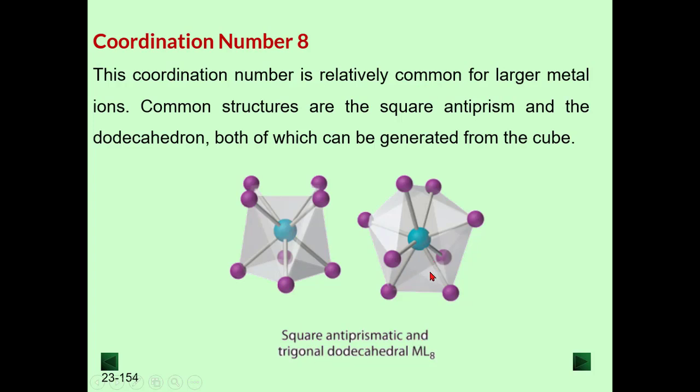And below, if you see here, all sides have trigons, trigon, trigon, trigon. That is why it is called trigonal dodecahedral. Dodecahedral means they have 12 faces. If you count these faces 1, 2, 3, 4, 5, 6, 7, 8, 9, 10, 11, and one is approximately fully behind the structure, and one is fully front facing.